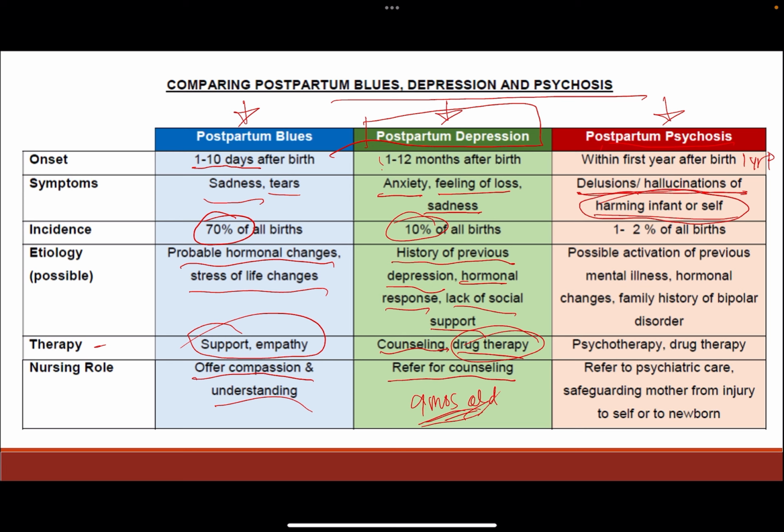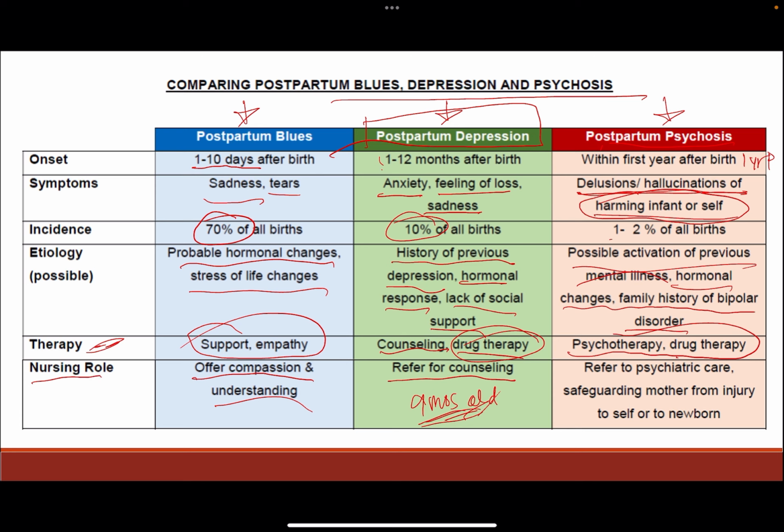The incidence for this is only 1 to 2% of all births. Possible causes are activation of previous mental illness and hormonal changes, or family history of bipolar disorder. The therapy for this is psychotherapy and drug therapy.